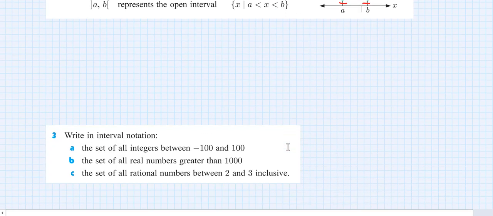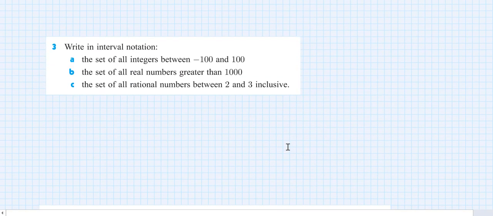Now, let's solve some problems from your book. For example, question number 3, again about the notation. Let's write the interval notation, the set, how it may look like, the set of all integers between -100 and 100. So my set with a curly bracket, x, element of integers, such that x lies between -100 and 100.